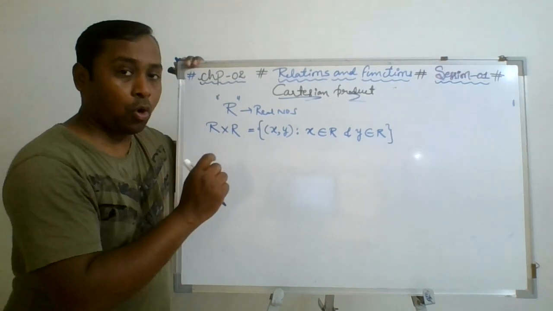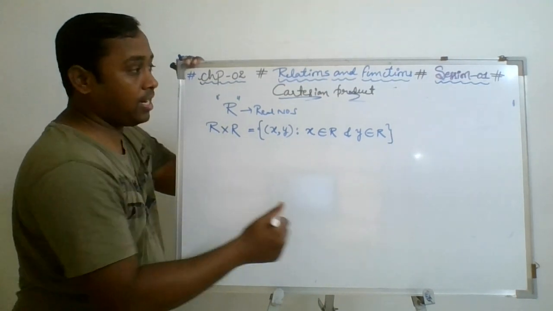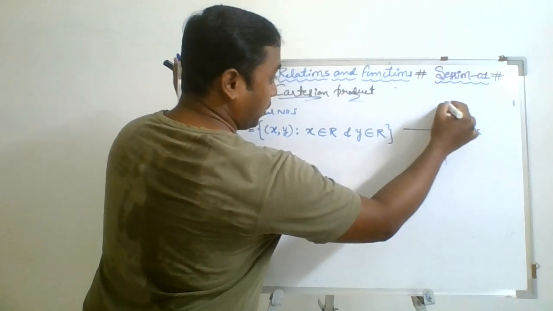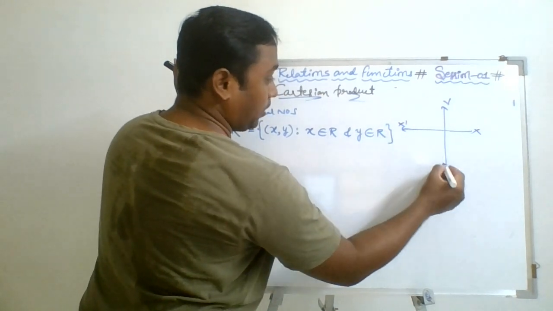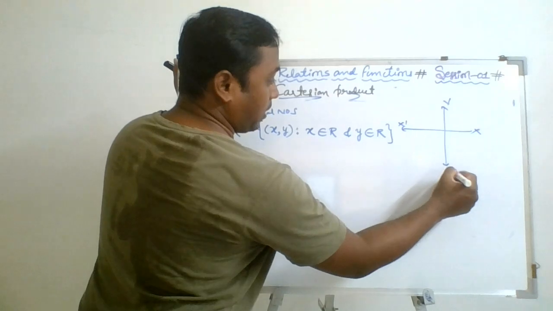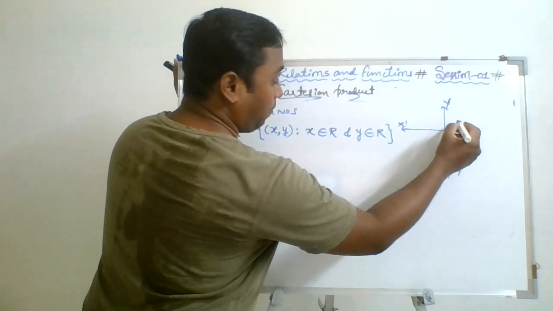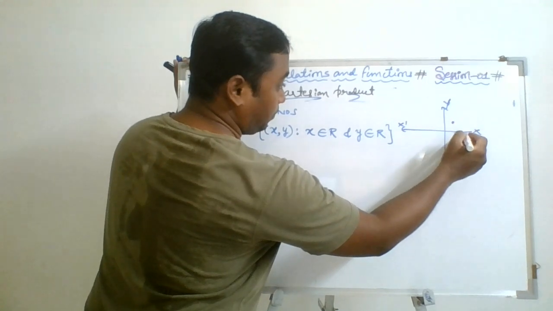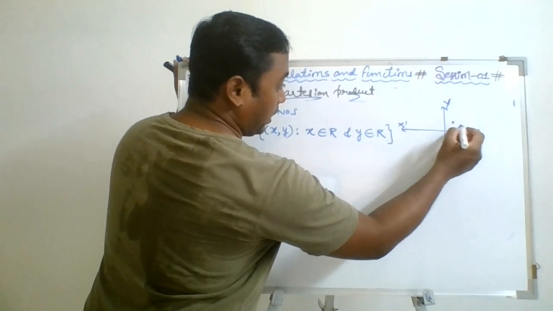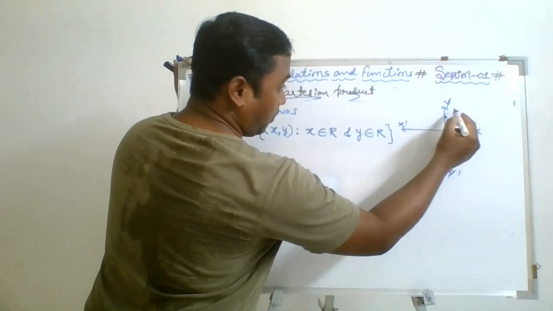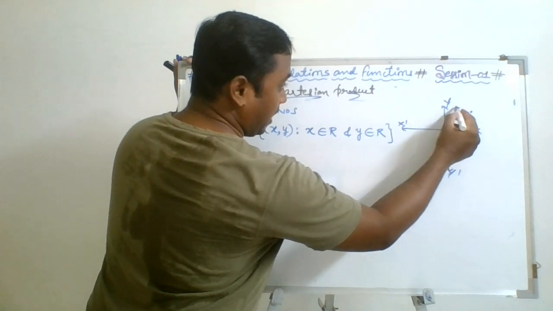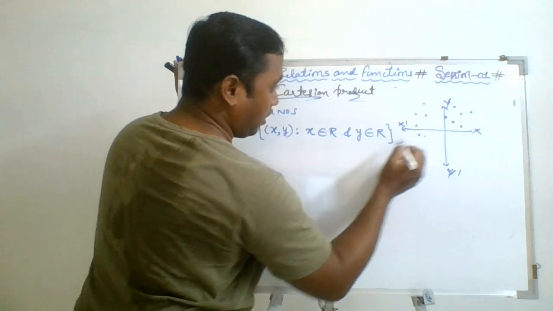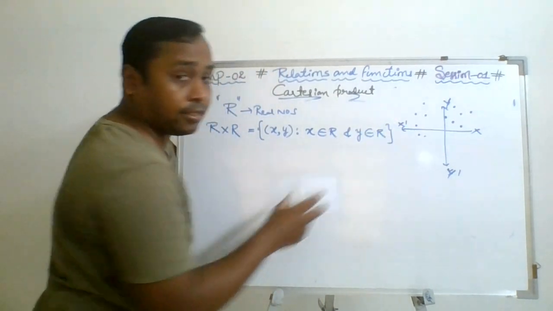If you plot those ordered pairs in a Cartesian plane, that is the xy plane, let us say I am just plotting the first point here, 1 comma 2, then 2 comma 1. Like this I can plot each and every point in the Cartesian plane by taking from this set.